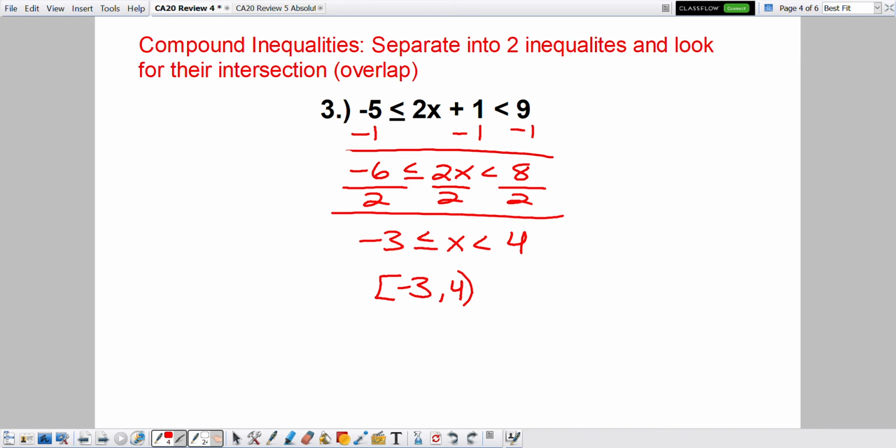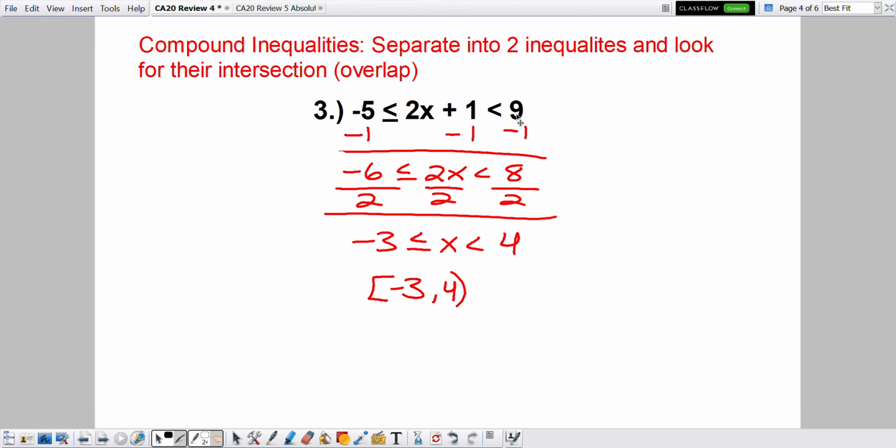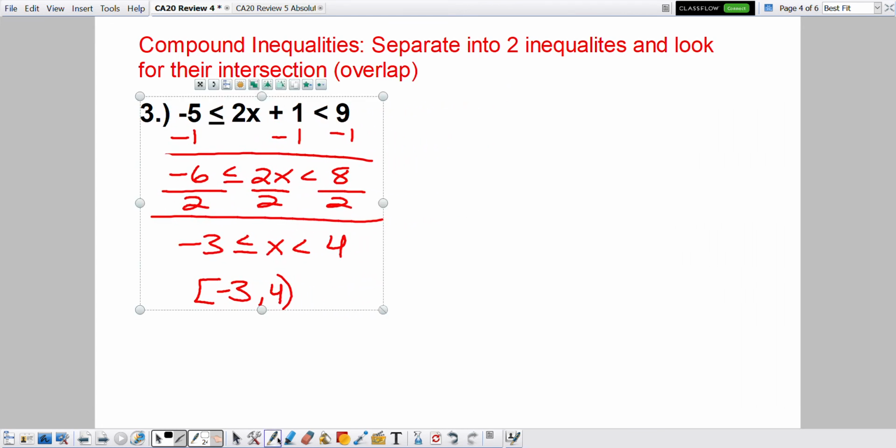There is another method that you could use, and that's where you break it into separate inequalities. And so what I'd like to do is demonstrate this same problem with another method that looks like it's more work, but it's going to be required if you're going to solve the next problem. So another way of doing this, instead of just leaving it as one compound inequality, is to separate it into separate inequalities.